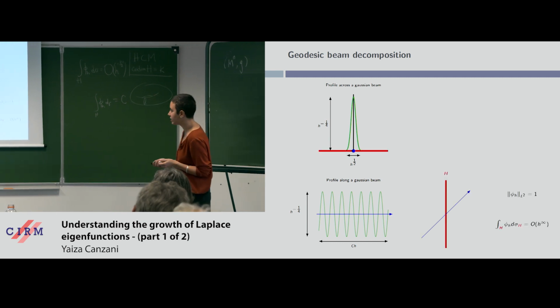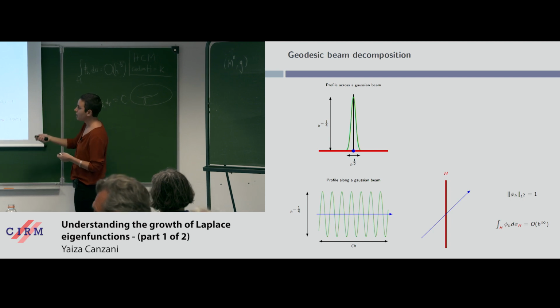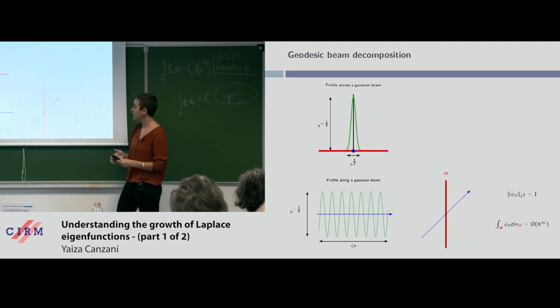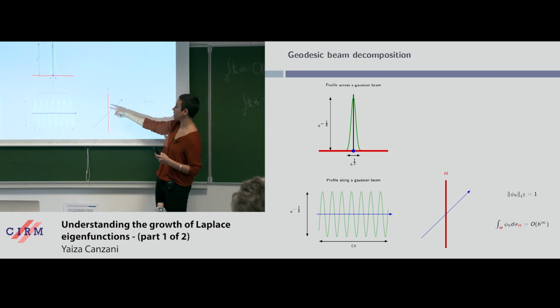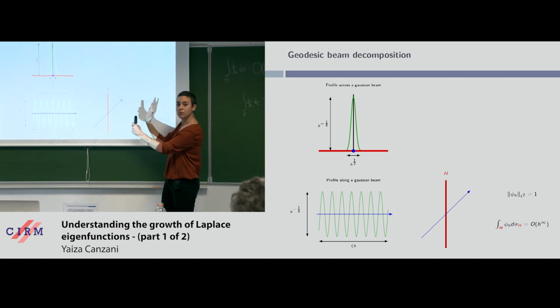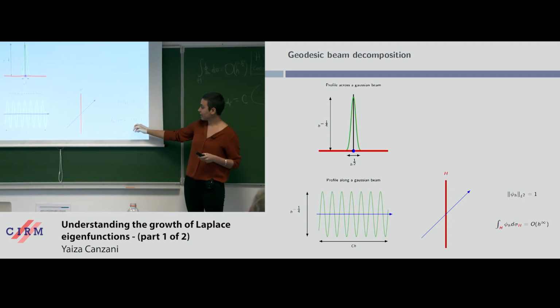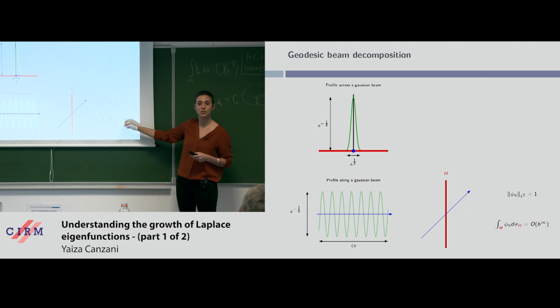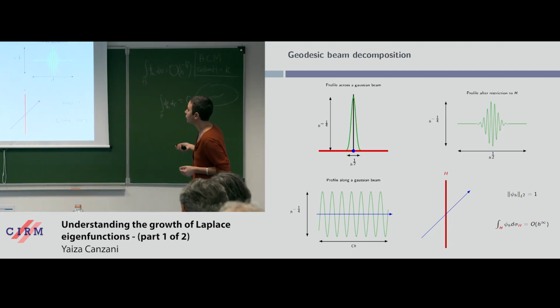And you quickly realize that what happens is that if this is your curve H, and you put one of these Gaussian beams across H, then you have oscillations in this direction, and those oscillations are going to be picked up by H. So you are going to get that these averages do indeed go to 0 along H faster than any polynomial in h. So this is actually the plot of what's going on.